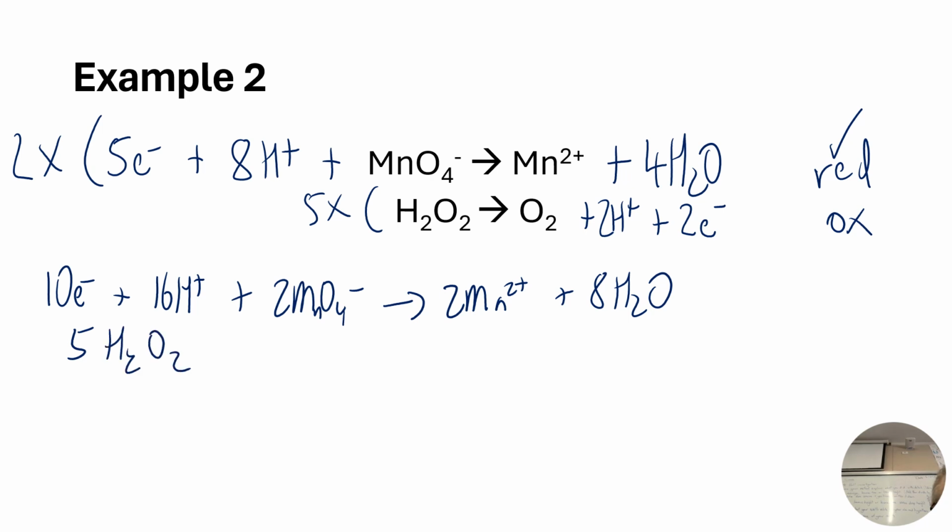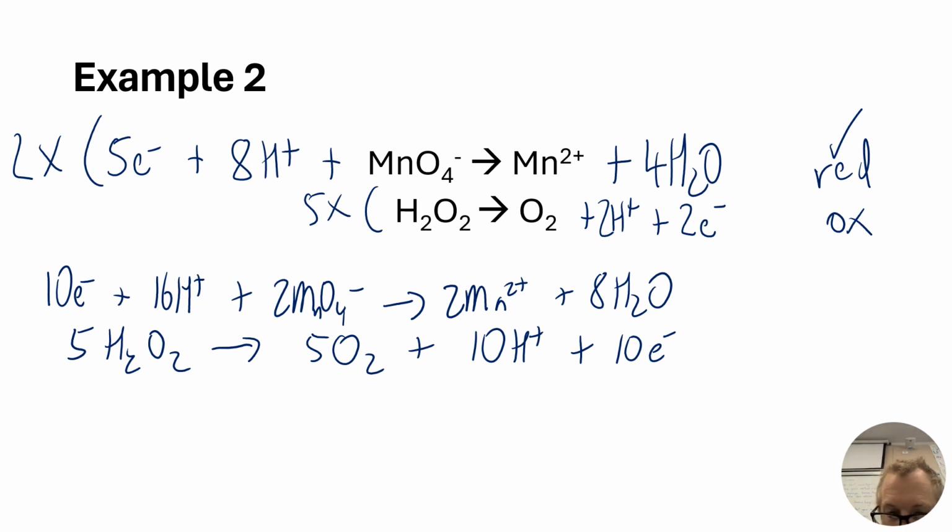5H2O2 goes to 5O2 plus 10H plus 10 electrons. Now, unfortunately, I don't line them up perfectly with the arrows, which may cause a little bit of strife there, but we can see the electrons on the left and the right cancel.